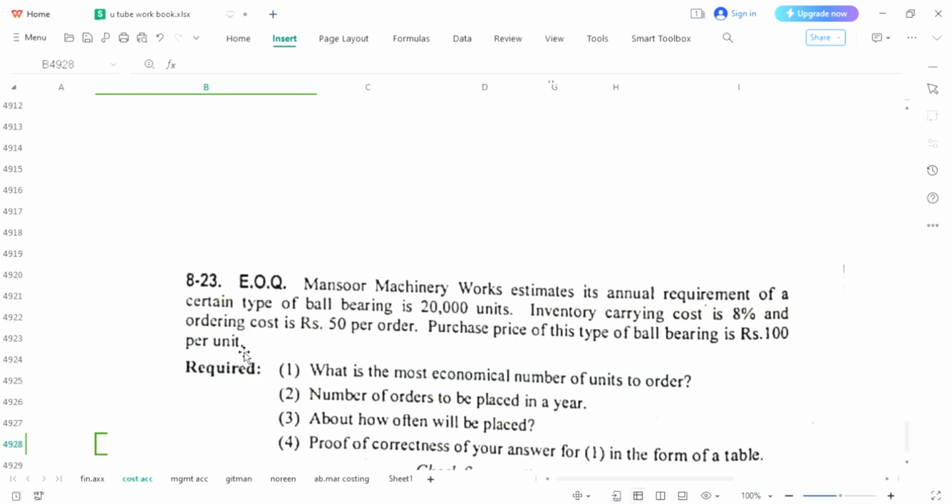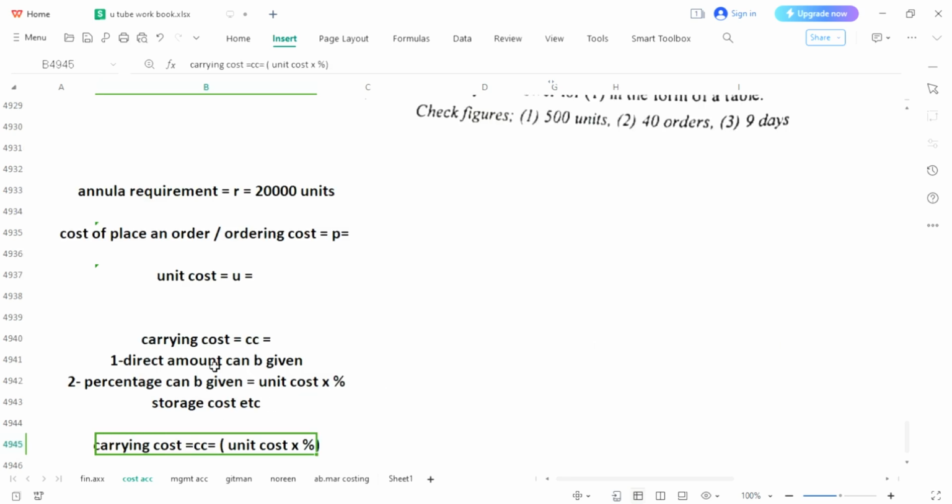8% and ordering cost is 50. Purchase price per ball bearing is 100 per unit. This is your purchase price or unit price. As you can see, that's 100 per unit, so it's a unit price. So you will put unit price as 100 and then multiply it with the percentage given.